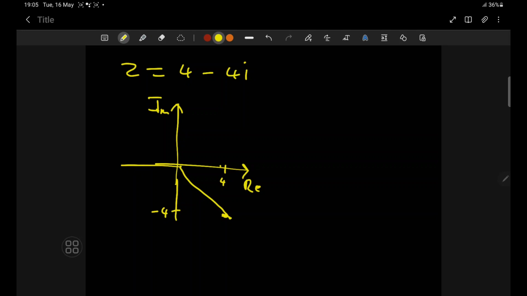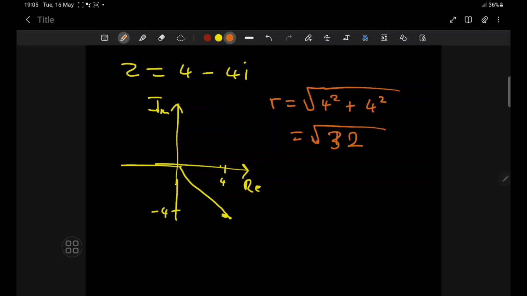So let's find the key components. We need to identify our r, which is the square root of the square of the real plus the square of the imaginary. So that is the square root of 16 plus 16, which is 32.